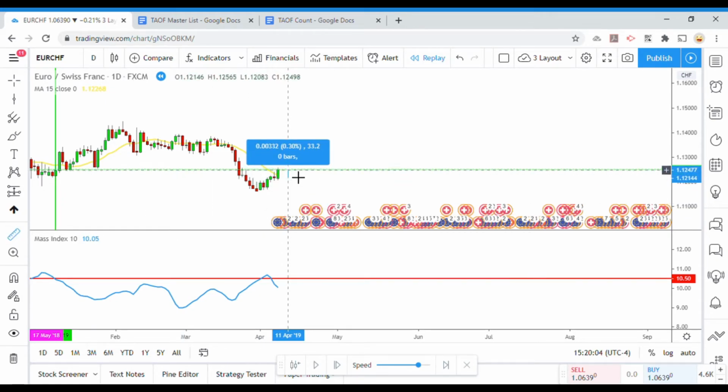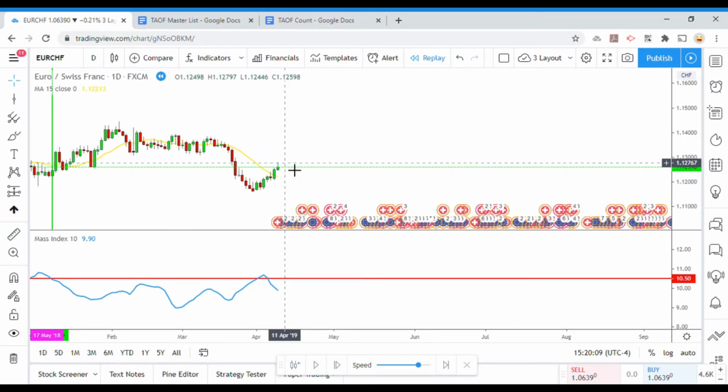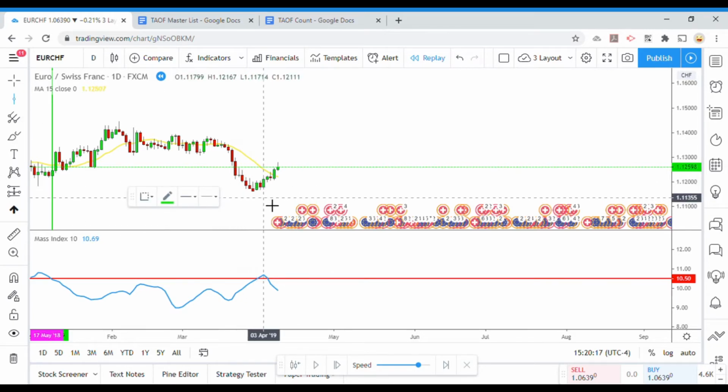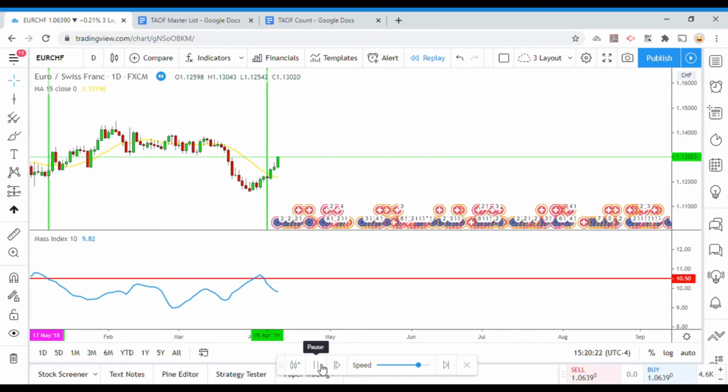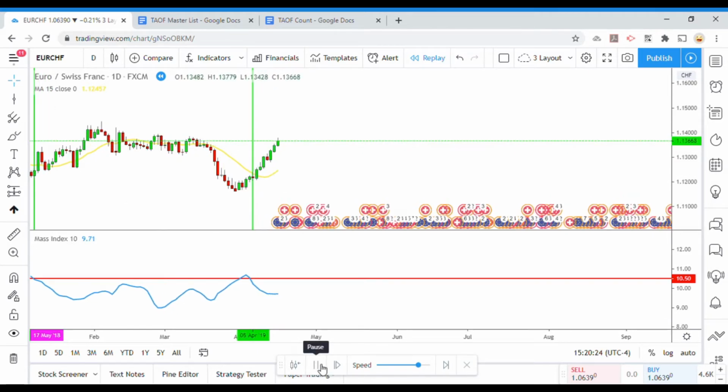See if we got our 50 pips. We have not yet, but we got it on that one. So far, not so horrible.